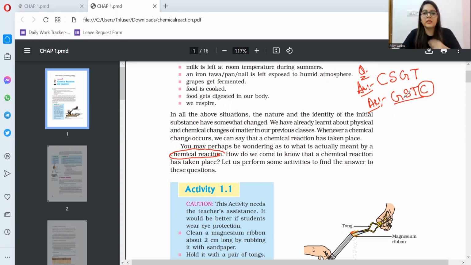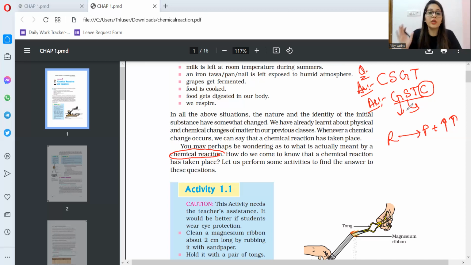So GST, C. G stands for evolution of gas. Whenever a chemical reaction is taking place and some gas has evolved, from that we quickly get to know that yes, a chemical reaction has taken place, okay? Because this is something which is changing, right? Or the state of the substance which was on the reactant side and now on the product side is changing.